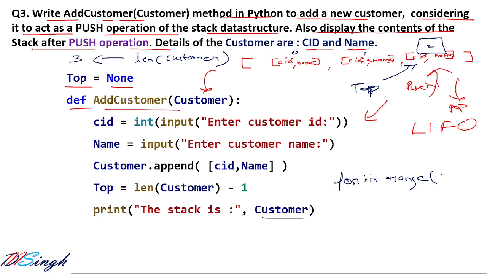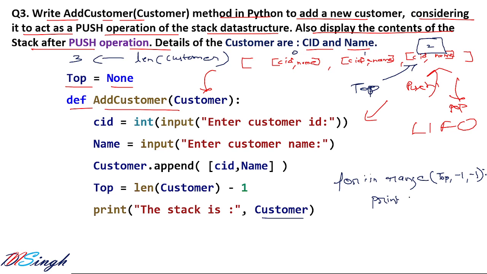You just start from top. Okay, from where you need to start? Top, and up to what point you have to go? 0. So stop I will take -1, remember, and step is what? -1. So this is how we define our range.